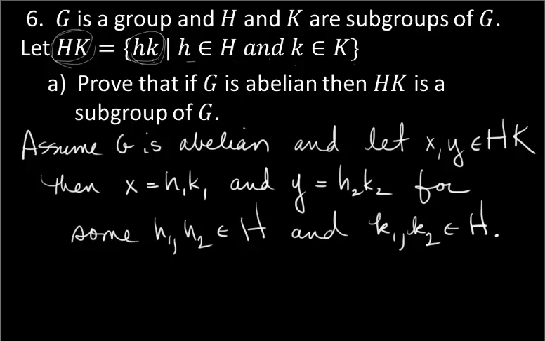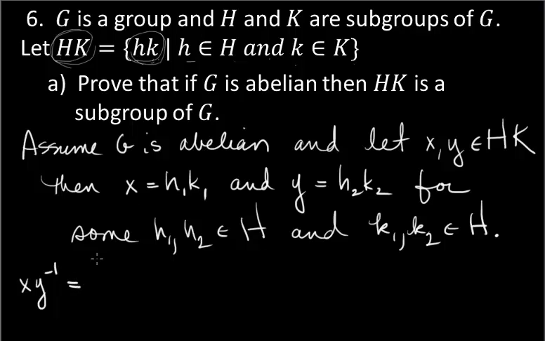All right, so we want xy inverse, so let's just write xy inverse. We're hoping that we will get it to be equal to something from H times something from K. If it is, it lives in there, and we can conclude that HK is a subgroup. But it depends heavily on being abelian.